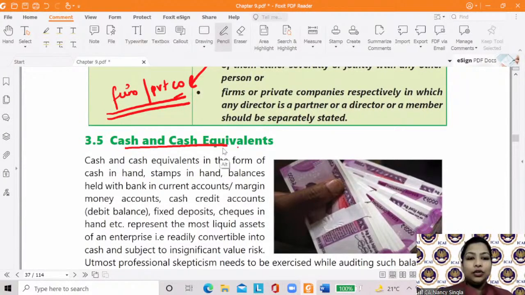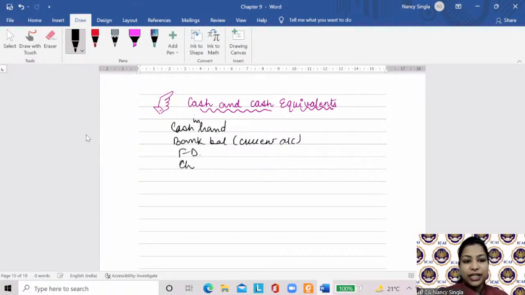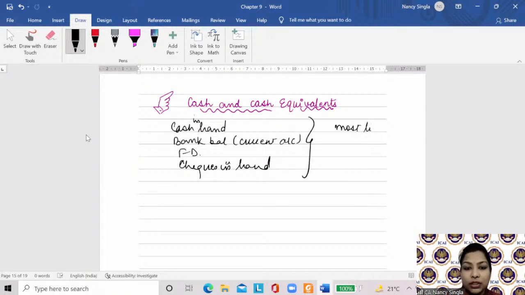See, cash and cash equivalents are like cash in hand, bank balance, current account, your FDs, your checks in hand. All these are cash and cash equivalents, and these are the most liquid assets.